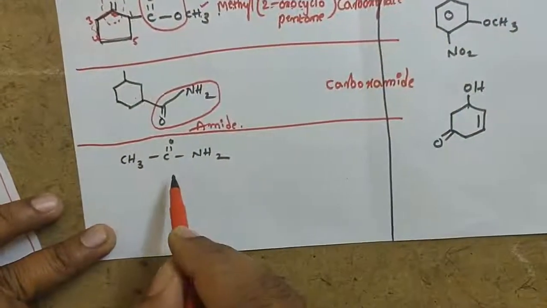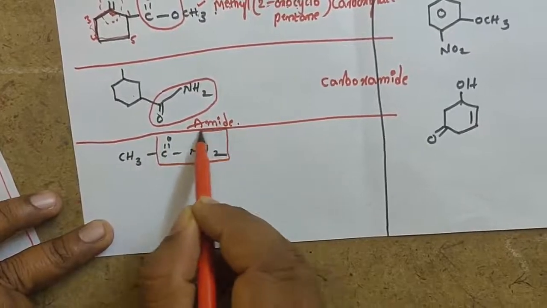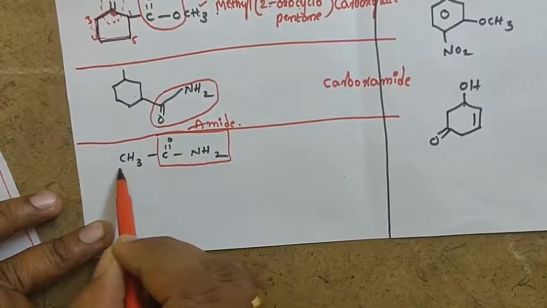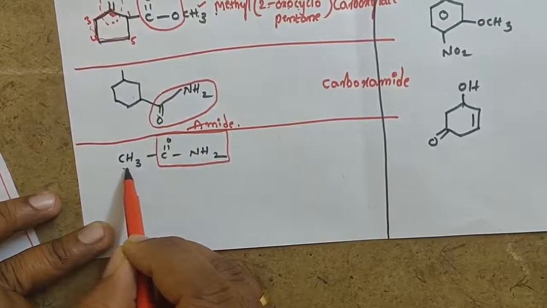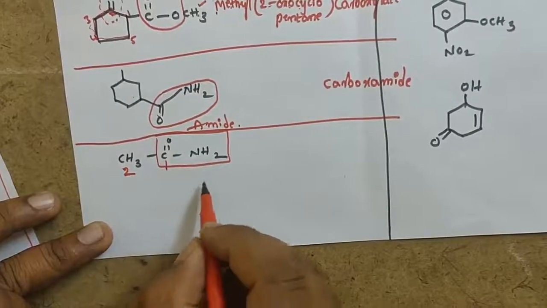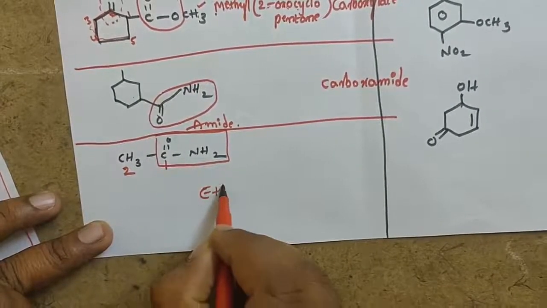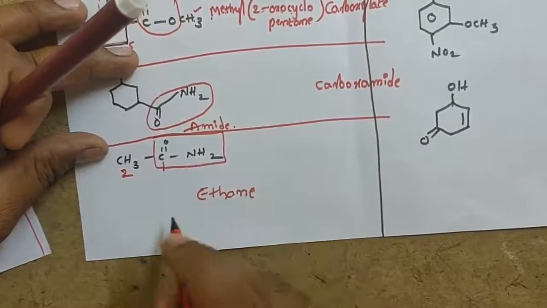See, this is one example. Here amide is again the functional group, but it is attached to an open chain structure. There are 2 carbon atoms, which is called ethane.